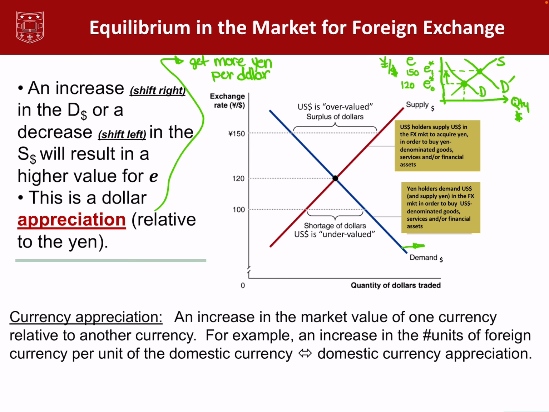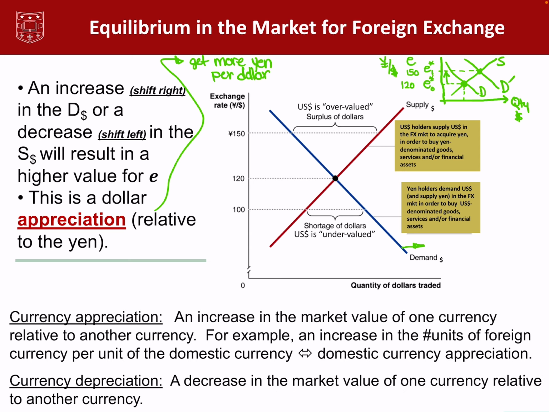So a currency appreciation is occurring when there's an increase in the value of one currency relative to another, and in this particular case, for instance, the dollar is able to obtain and trade more yen. A currency depreciation is the opposite, when there's a decrease in the market value of one currency relative to another, or in other words, there would be a decrease in the number of yen per dollar.